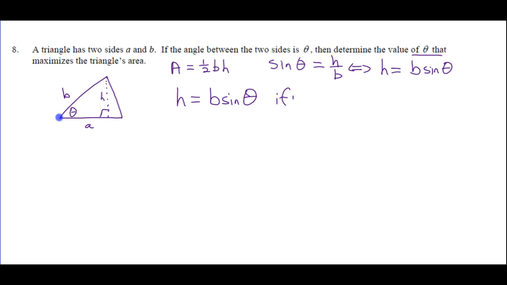If we maximize H, then we maximize the area, right? If you've got the highest height, then you're going to have the greatest area. See, the area only depends upon this fixed base, which is really the A, and the height.